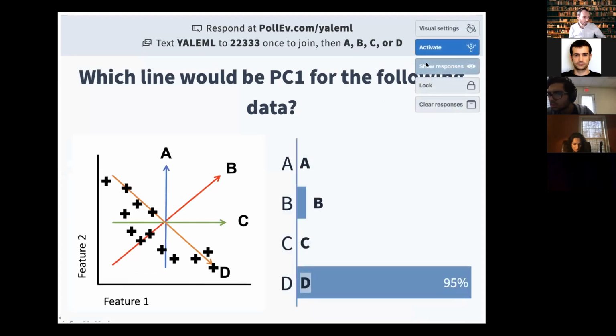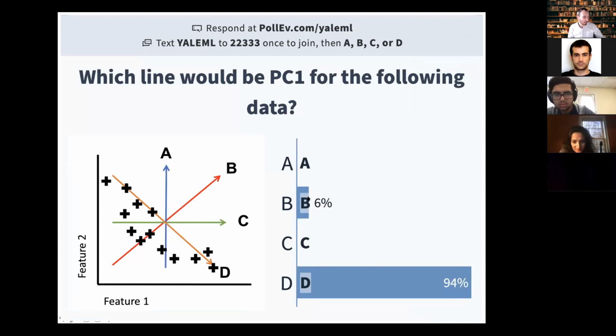Great, so we got about 50 responses, perfect. Almost everyone said D. So yes, PC1 would be D, and PC2 would be B. This is the second greatest axis of variation.